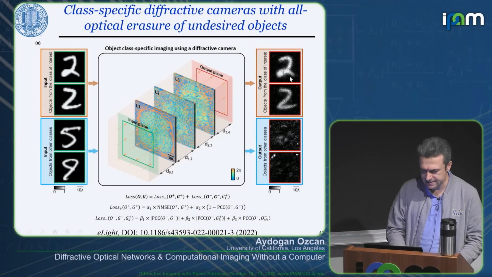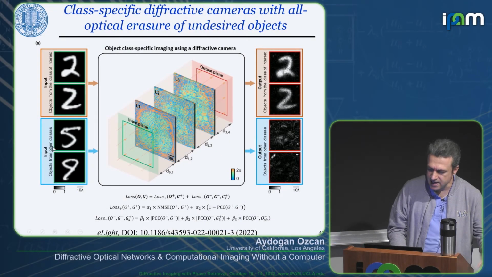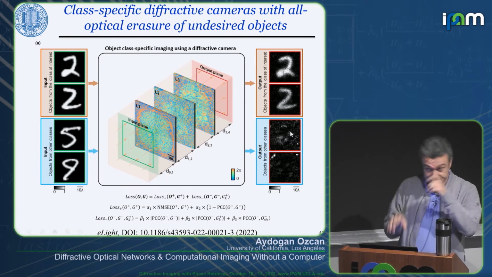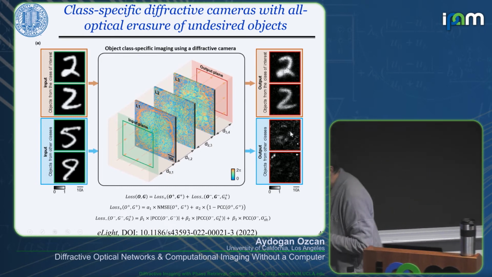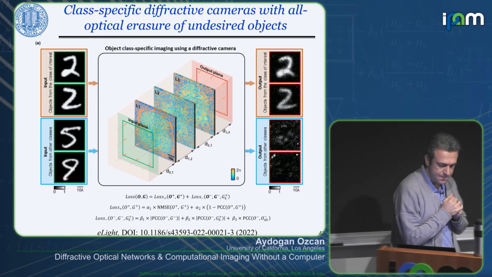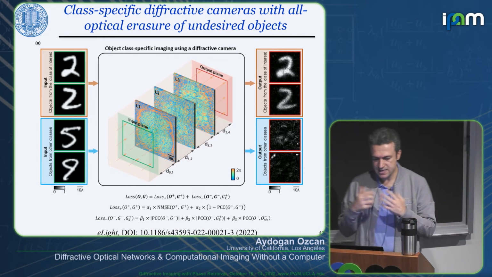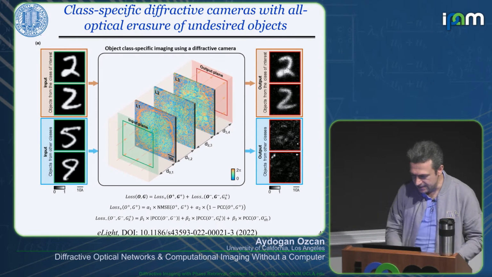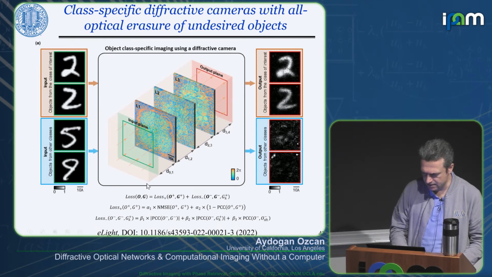So here we're building a class-specific camera where it's going to form a beautiful image of the input field for a target class. And for everything else, for all the other classes of objects, it's going to erase them all optically, so that the photons will scatter off, and the output will not get the photons of the structural content of the input for the undesired classes of objects.